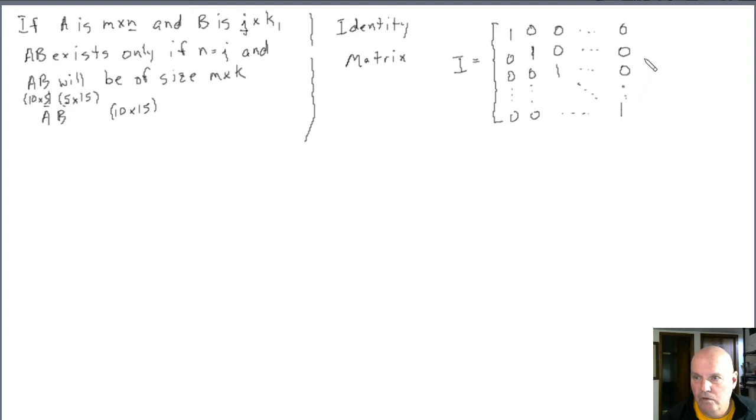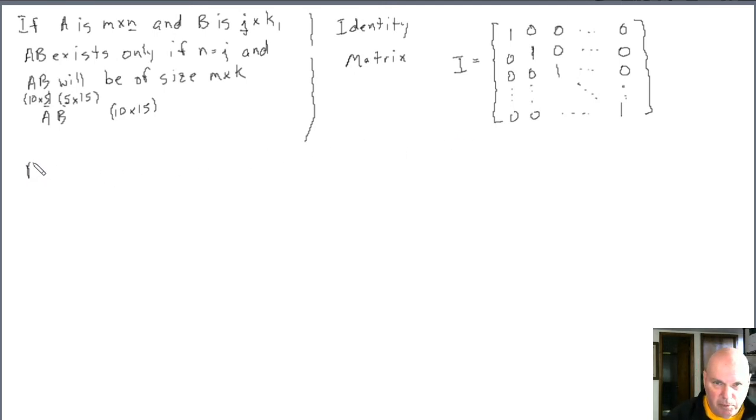So just ones along the diagonal. And the identity matrix is always square, so it's 4 by 4 or 10 by 10, but it can be of any size. It has the special property that A times I is equal to A, and I times A is also equal to A.